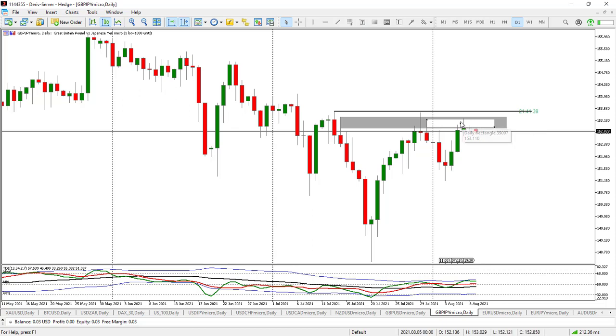and then we have another swing high, which is this one, and then the market is now already testing the third candle, and then I'll be expecting a drop to target this area.